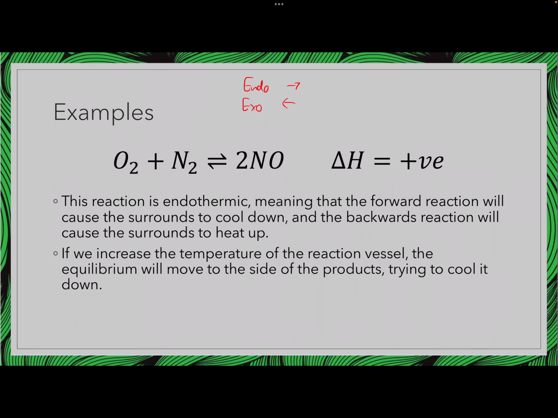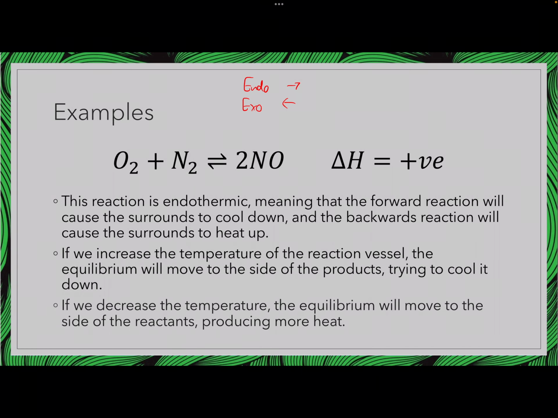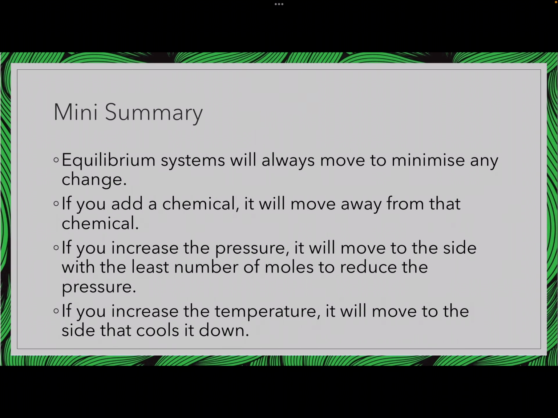If we increase the temperature of the reaction vessel, the equilibrium will move to the side of the products trying to cool it down. Because it's endothermic in the forward reaction, the forward reaction is going to occur if we heat it up. Now, if we cool it down, it'll want to go the exothermic way, so it'll go towards the reactants, producing more heat, trying to minimize that change.